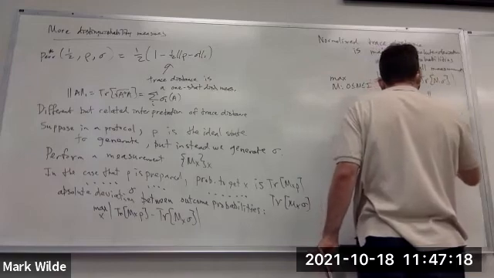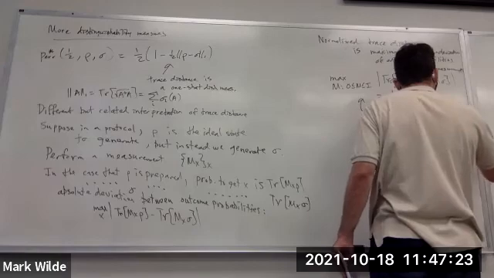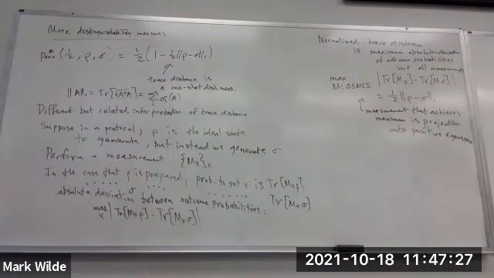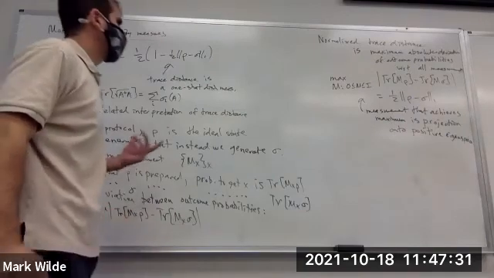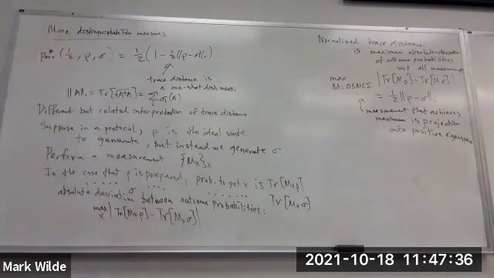So that we talked about last time, and the proof of this is exactly the same. I just wanted to give you this as a different interpretation of trace distance from the hypothesis testing experiment. It's like the measure of error.